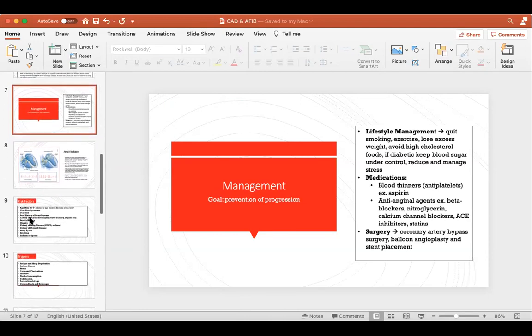Management. For patients with coronary artery disease, usually the first approach is lifestyle: trying to quit smoking, increasing exercise, losing weight, avoiding high cholesterol foods, and trying to reduce and manage stress.